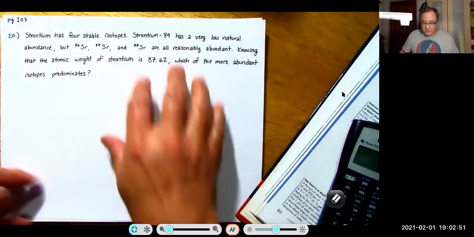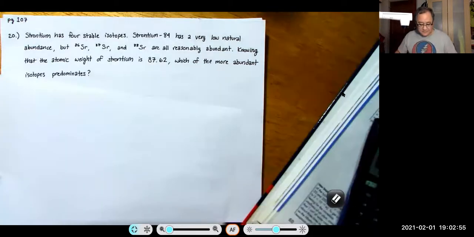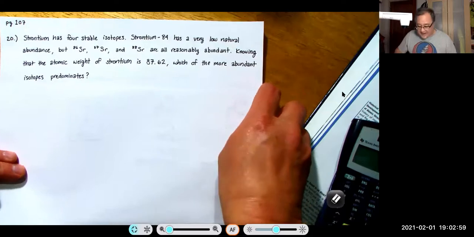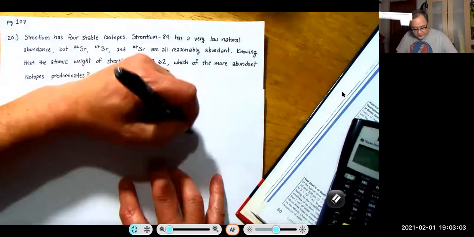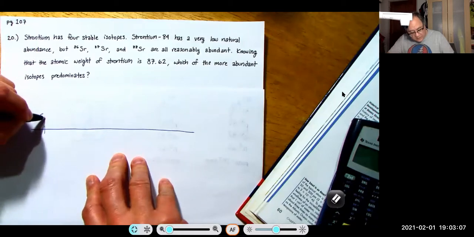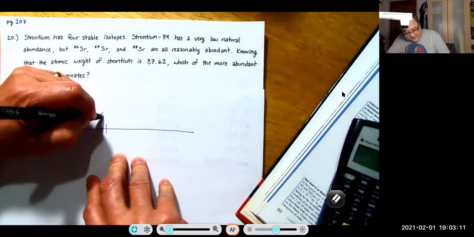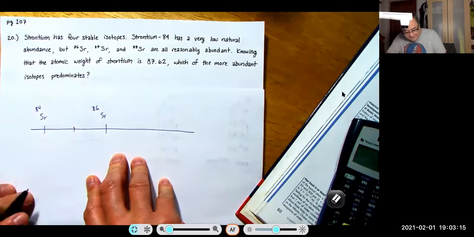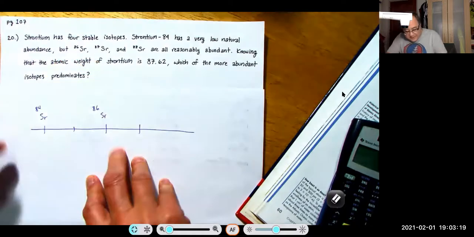Strontium has 4 stable isotopes: 84, 86, 87, and 88. So if we look at those, here's strontium 84. Here's strontium 86. There's 85. Here's strontium 87.